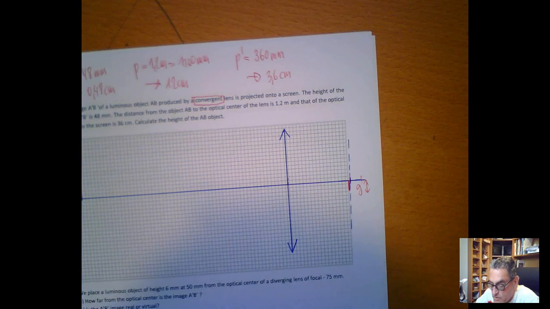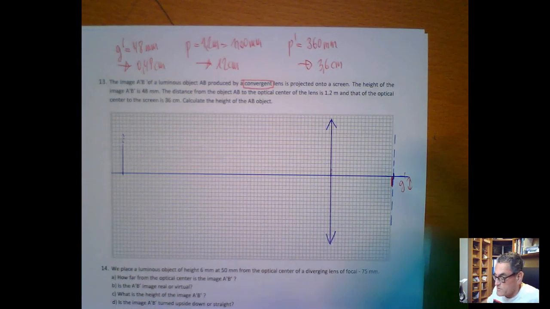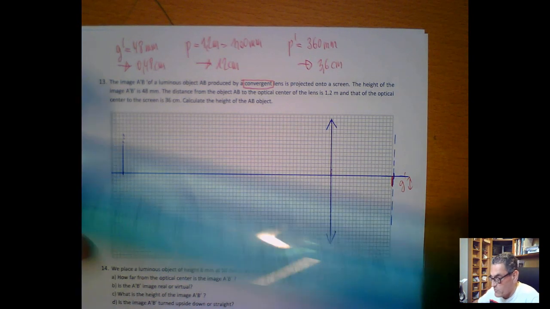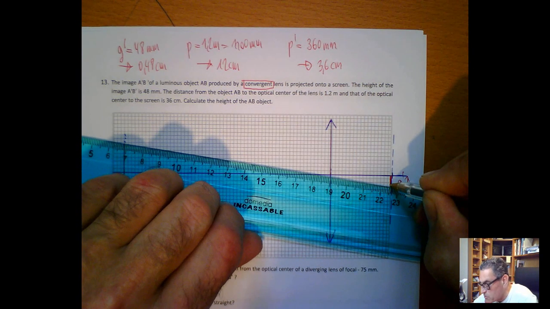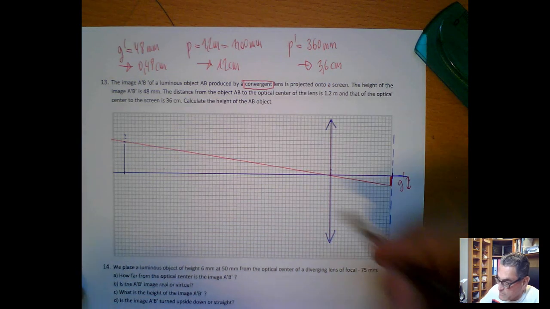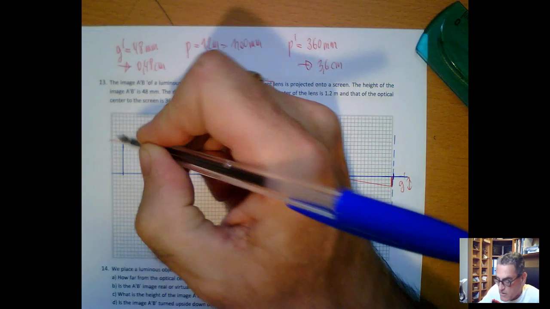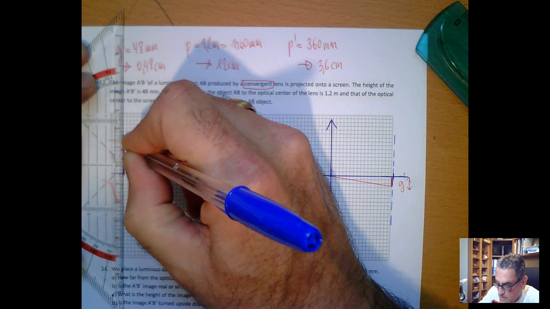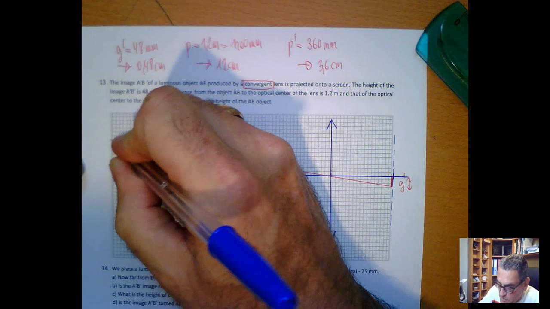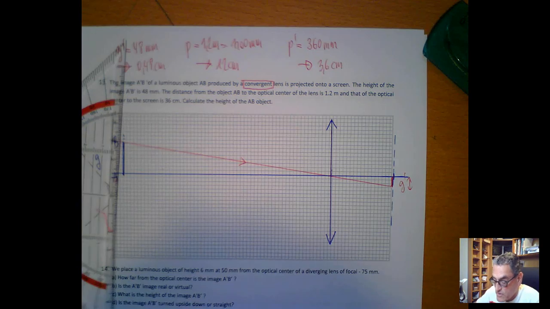Now, how can I determine the height of the object? I'll let you think a bit. It's actually quite simple. We know that there is one of the rays which is not deviated, and it passes through the optical center. So this ray here determines the height of the object. This is AB, and it determines a height which is called G, the height of the object.